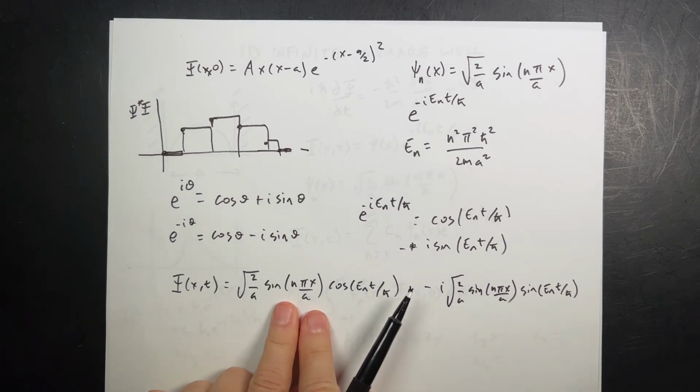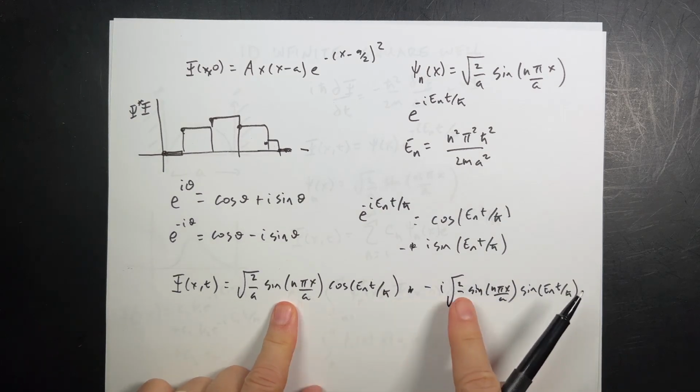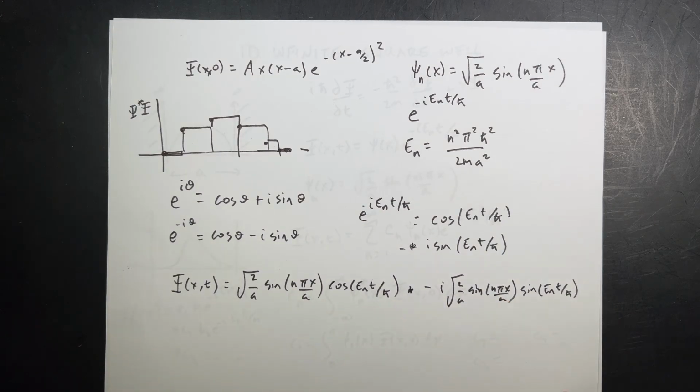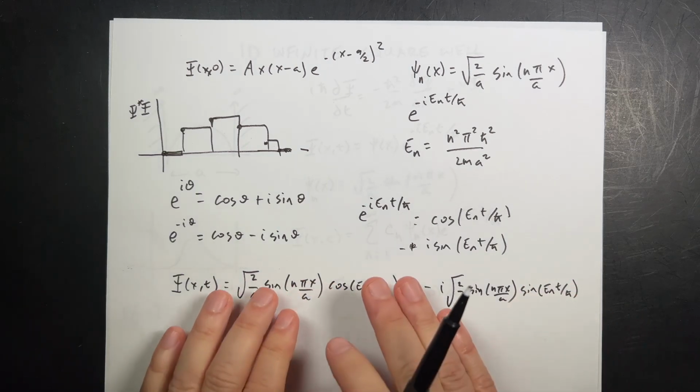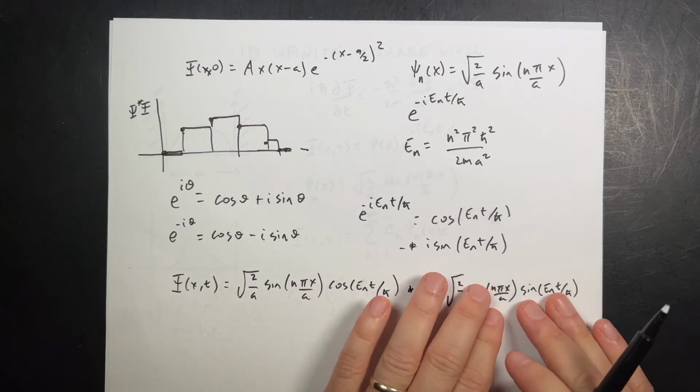And so now I have a real part of the function and an imaginary part of the function. How we deal with a complex number is to treat these two separately. So I'm going to have a real psi and an imaginary psi.